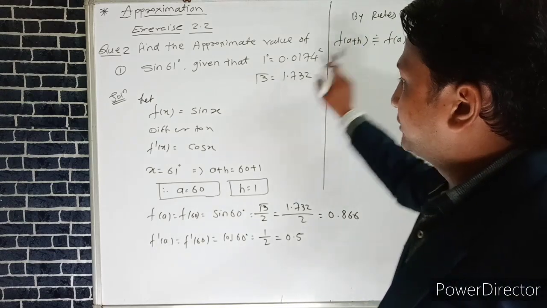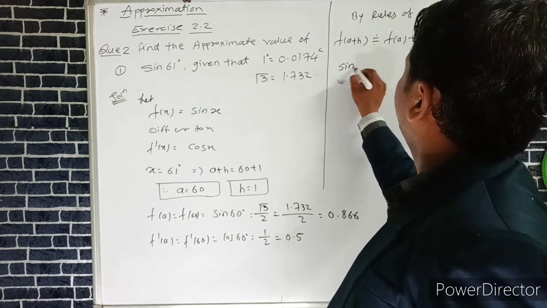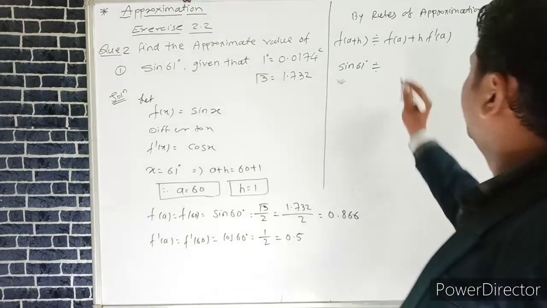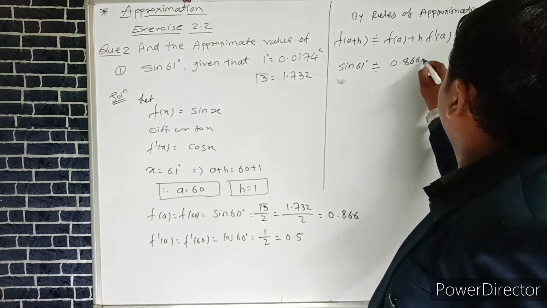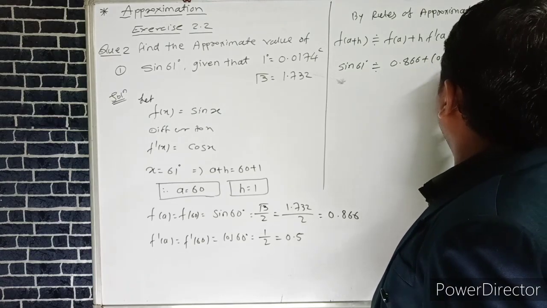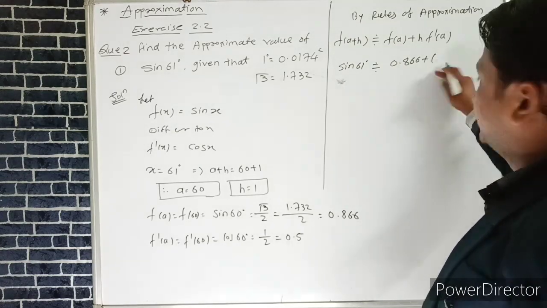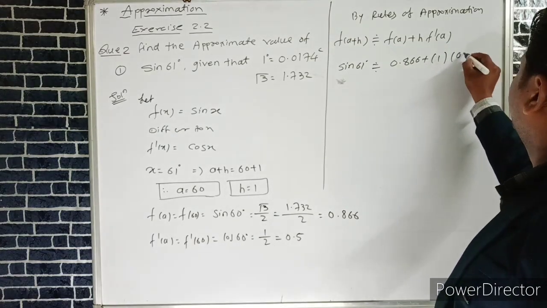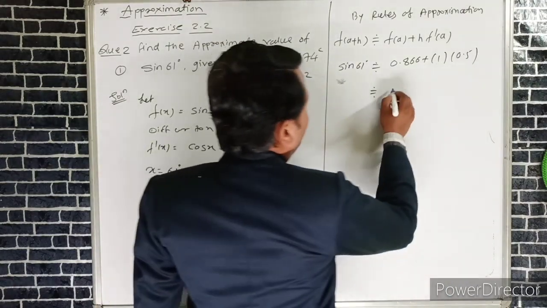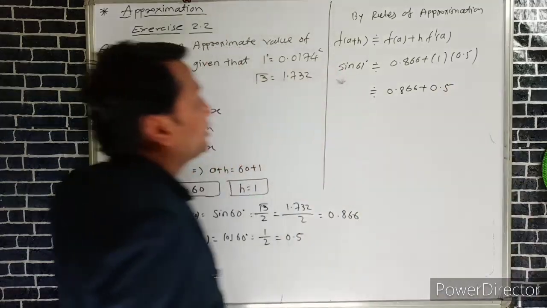The value of a is 60 degree, hence the function f of a plus h, meaning sine of 61 degree, is approximately f of a, which is 0.866, plus h into f dash of a. Here h is 1 and f dash of a is 0.5. So the approximate value is 0.866 plus 1 into 0.5.